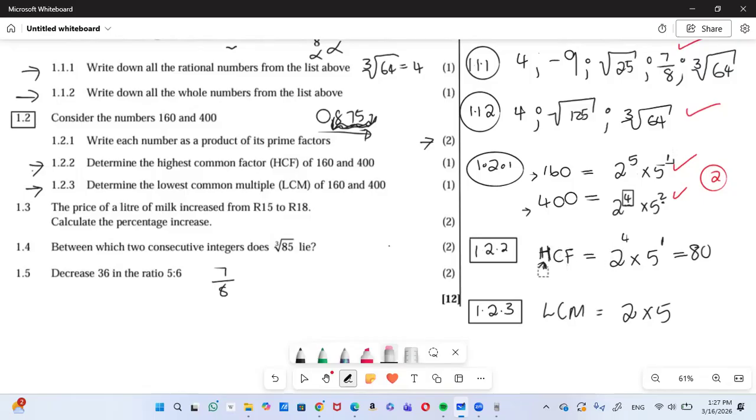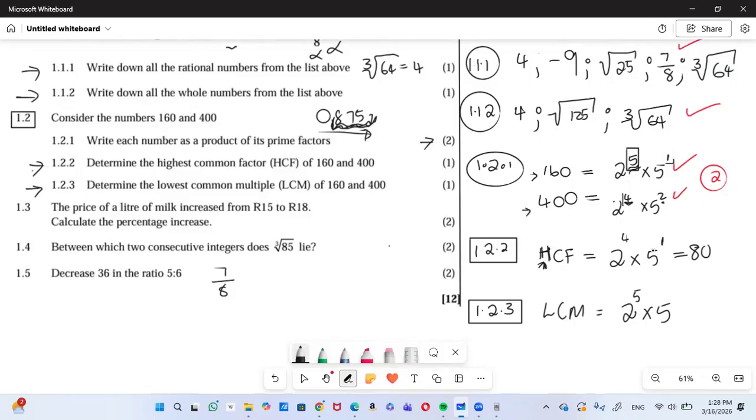So now for the lowest common multiple, looking at the exponents of 2, because it is the lowest common multiple, we're going to look for the highest exponent. So between these two, the exponent of 5 and the exponent of 4, which one is the highest? It is 5, right? So I'm going to take that one.